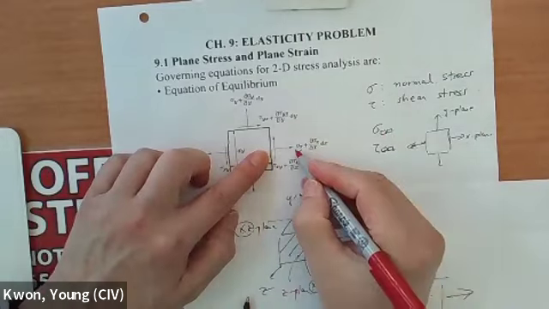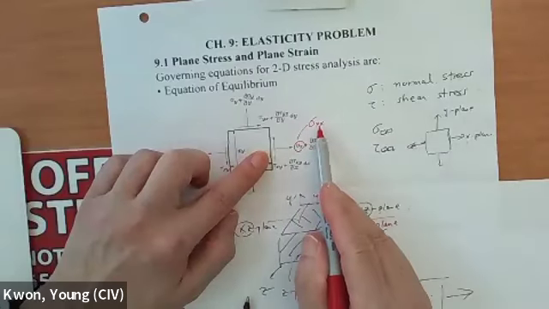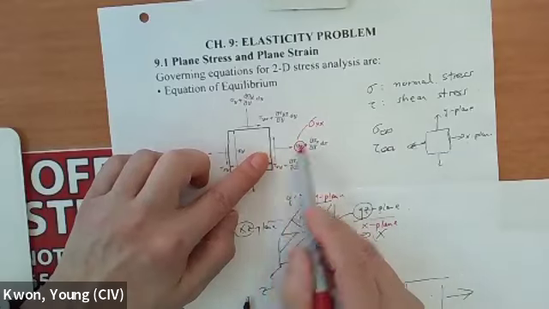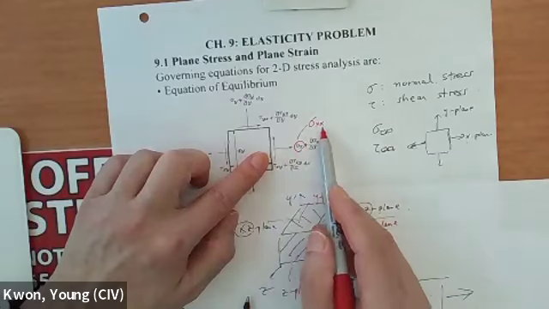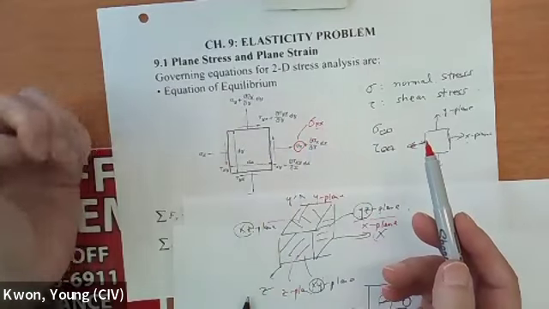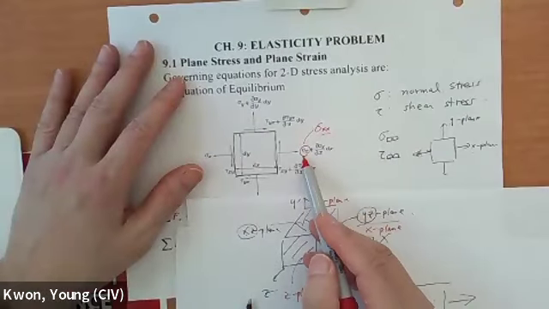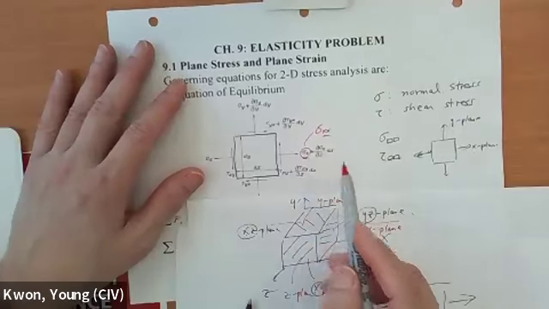More exactly, this is sigma XX, because the first X indicates the plane where the stress is applied, the X plane, and the second is the stress applied in the X direction. Okay, sigma XX. People prefer a shorthand notation, so instead of XX, just use a single X. This is more proper, but the simplified notation is used by many people too.